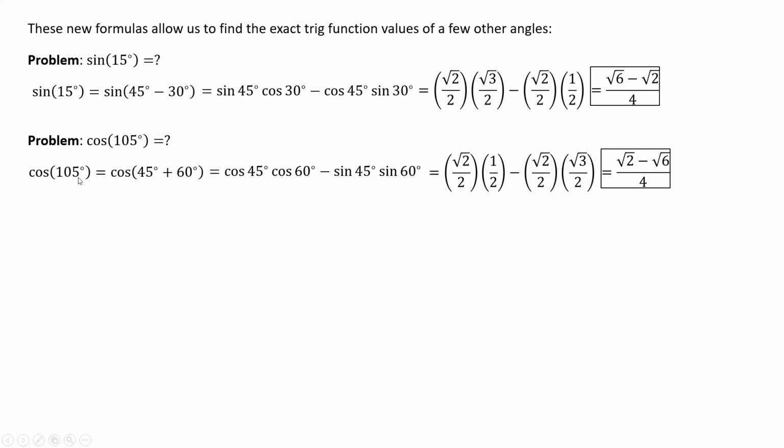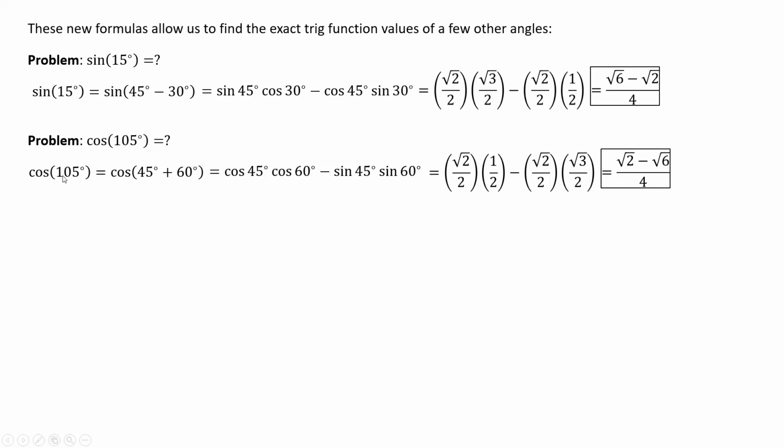Cosine of, okay, maybe I'll put it this way. Cosine of 90 minus theta is sine theta, right? Cosine of 90 minus theta is sine theta, the cofunction identity.